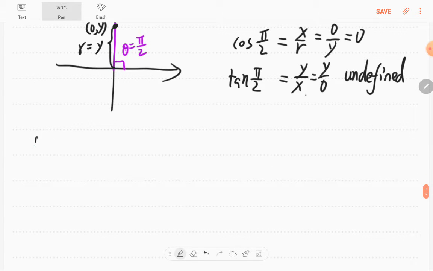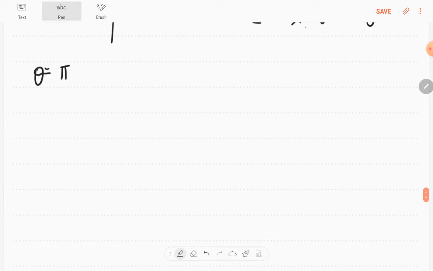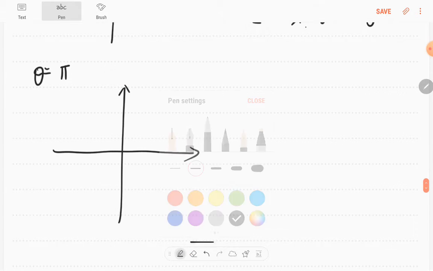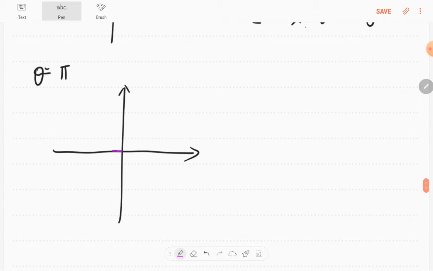Okay, so let's look at theta equals pi, which is here. The terminal side is here, right? So this is our theta. And then we pick an arbitrary point. This is (x, 0), right?